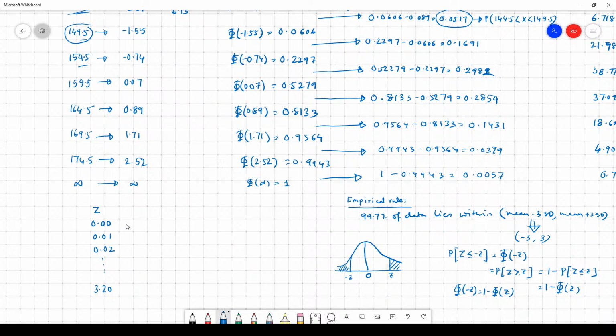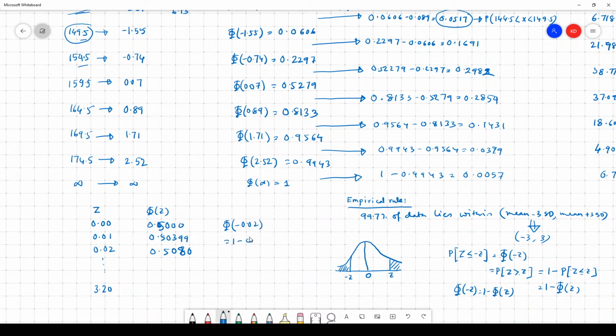For example, suppose you want to compute phi of minus 0.02.